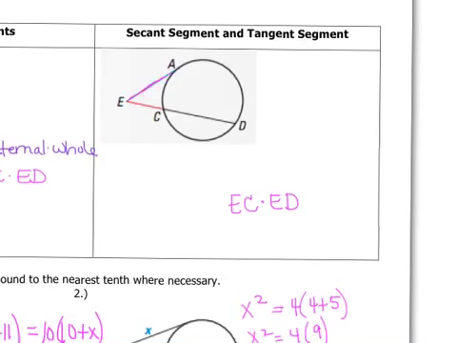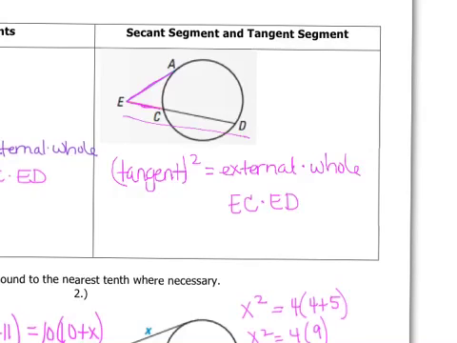This is the tangent segment that we are squaring. The problems are correct. I just named that the wrong thing for some reason. Equals the external part times the whole thing of the secant segment. So we're still doing EA squared equals EC times ED. I just called that the wrong name. So sorry about that.